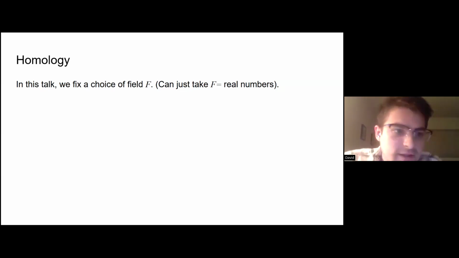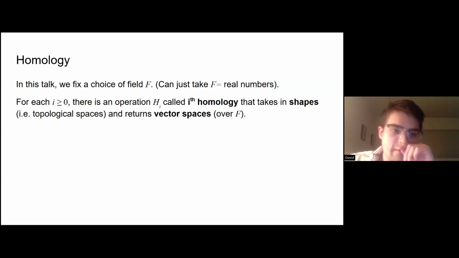And for every non-negative integer i, you get an operation called H_i, or the ith homology. It takes in shapes, by which I mean topological spaces, and it returns vector spaces over your field F.